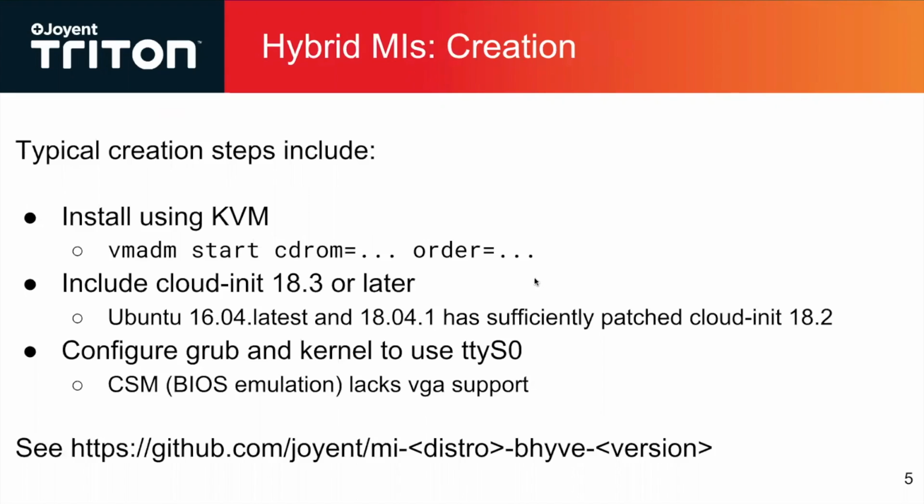And so that makes it so that we really need to have the console directed elsewhere. If you're wanting to look at how the various images are built, take a look in the Joyent project in GitHub. The various mi-distro-bhyve-version repositories are used for creating the various images. In the case of Ubuntu, we get those images from Canonical, and we just fix the console in them. There's not actually a repo that has the fixes in it.